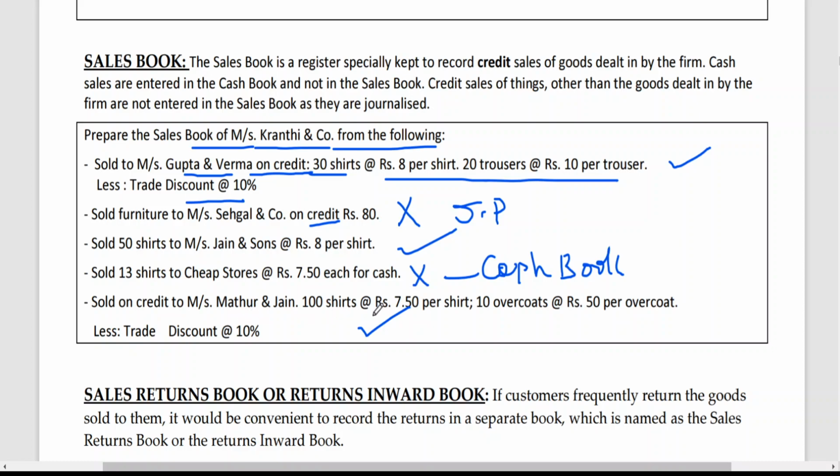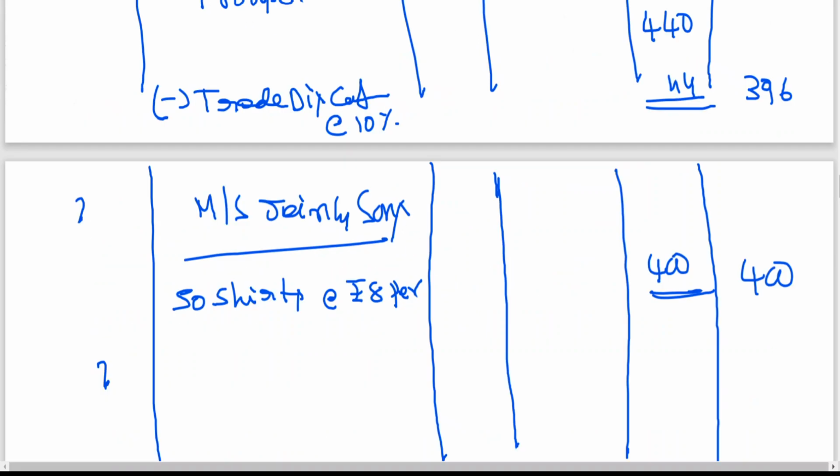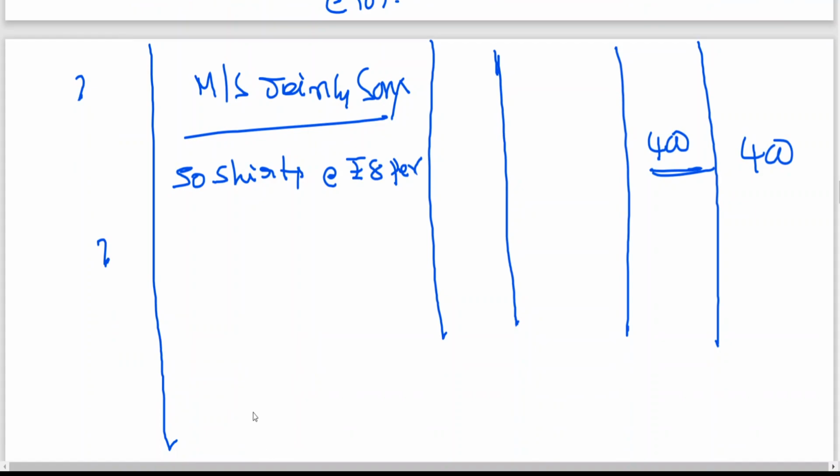Messrs. Mathur and Jain, 100 shirts at 7.50, 10 overcoats at 50 rupees per overcoat.